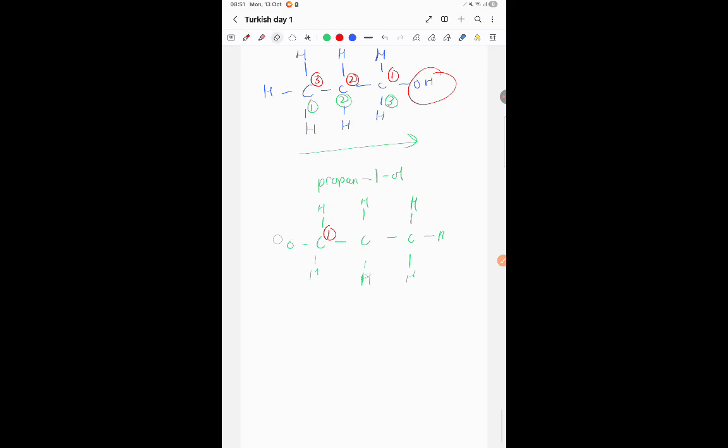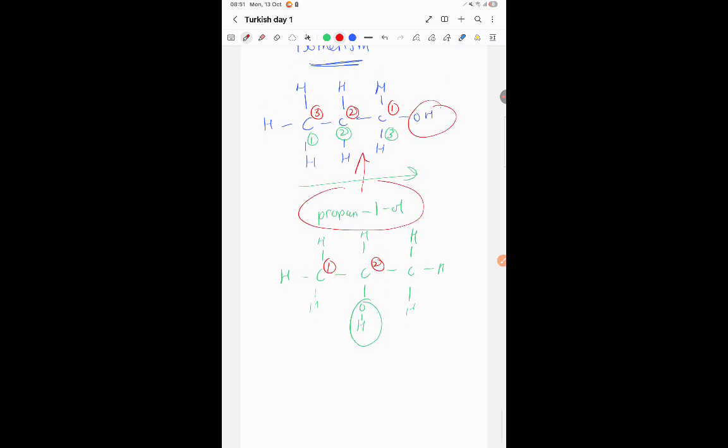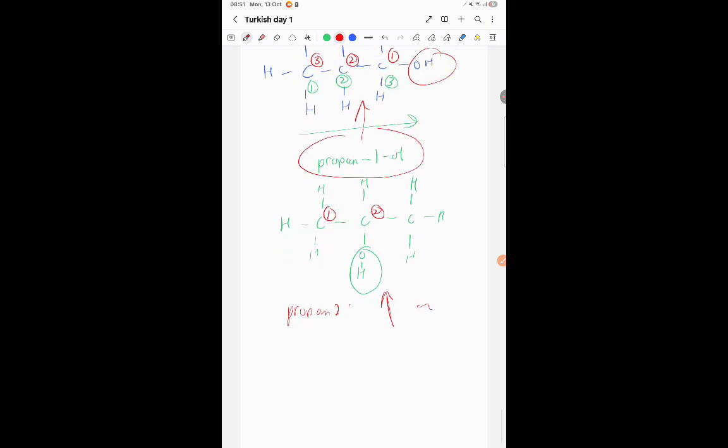So maybe the correct way of doing it would be to put the OH in this position here and have an H, and then now it's on carbon number 2. So from propan-1-ol, I now have propan-2-ol. Propan-2-ol.